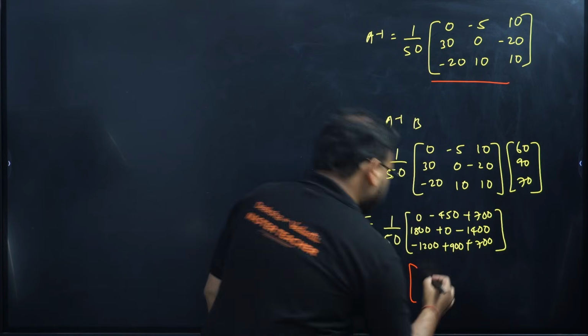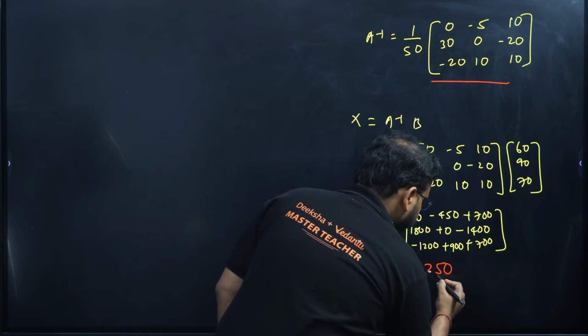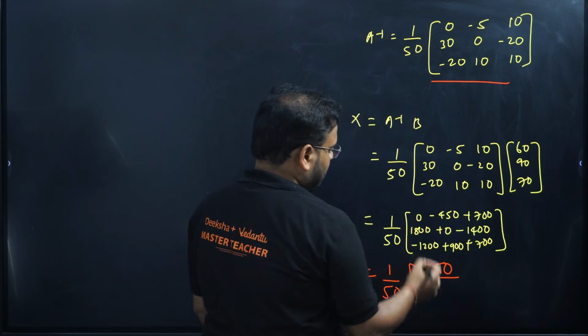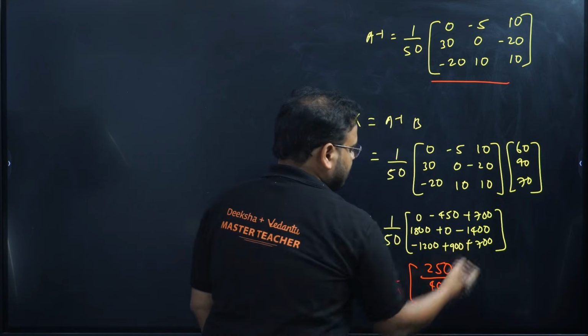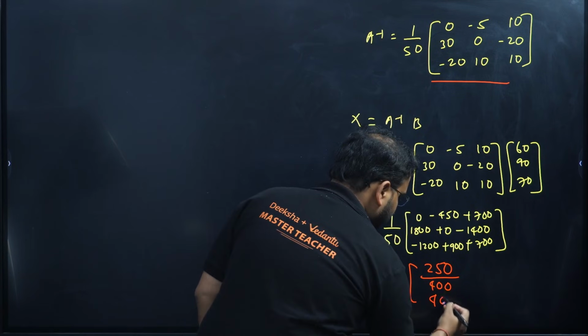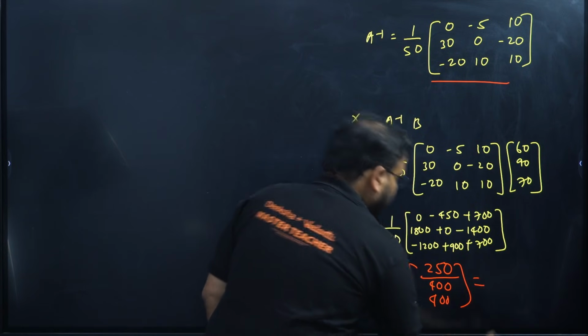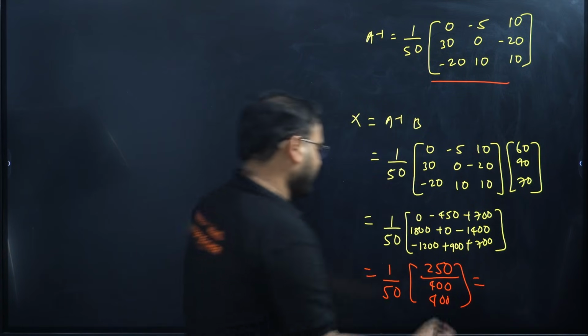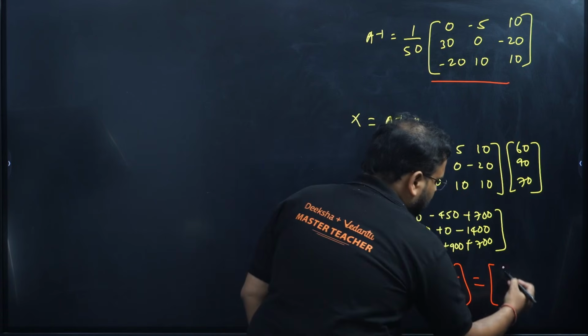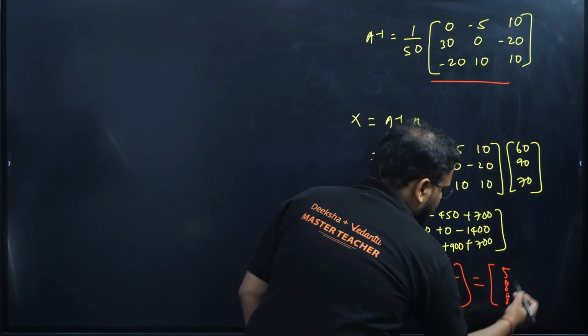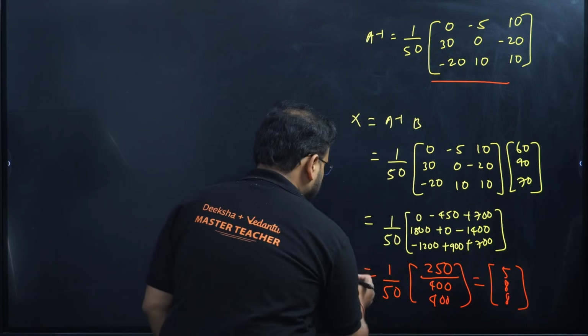This will be 250, and this will be 400, and again 400. Simplify, you'll have 50. So 5, 8, 8 is the value of the matrix X.